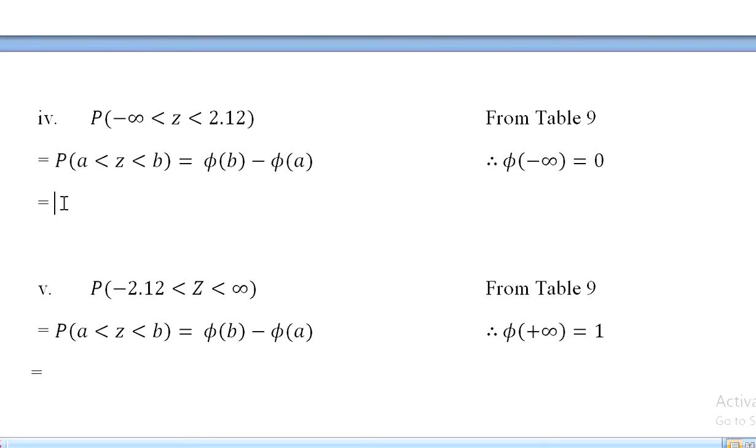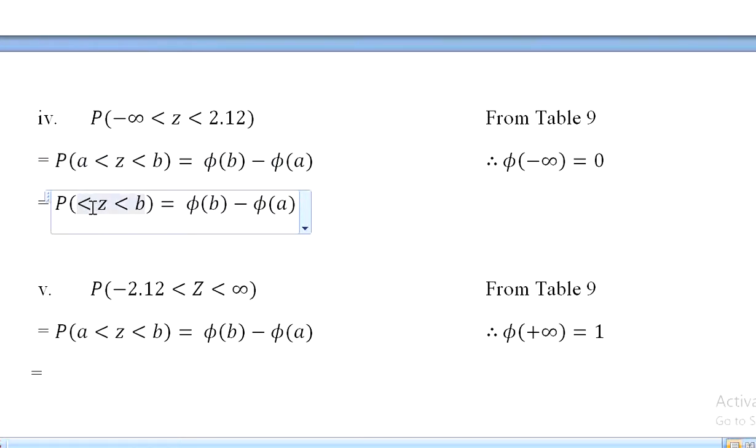Copy and paste. Lower limit is minus infinity and upper limit is 2.12. Upper minus lower, minus infinity.